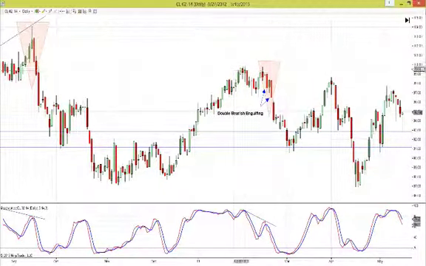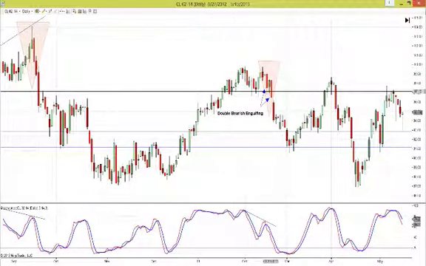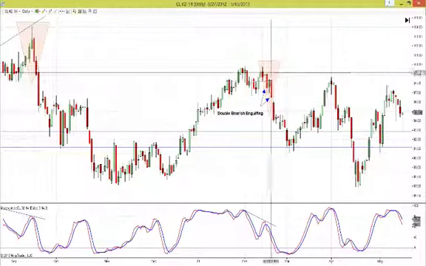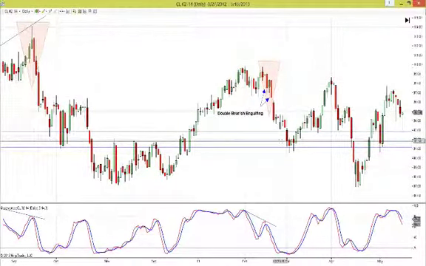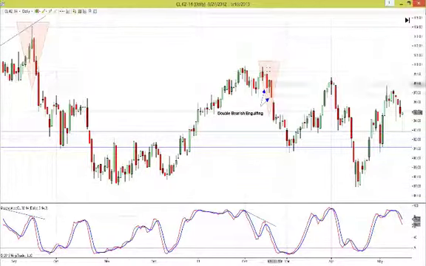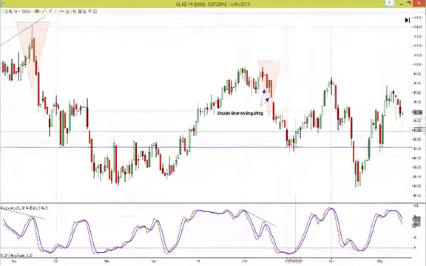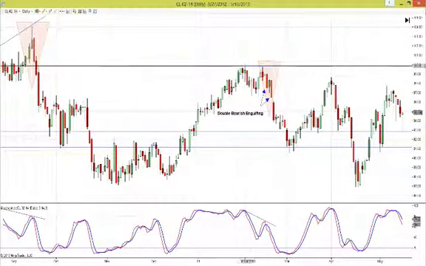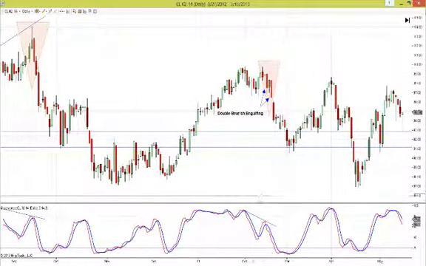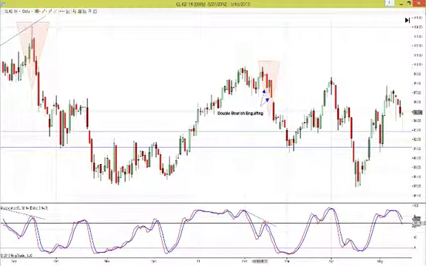Well, when you have a double top, it typically means that the trend is reversing, or you are going to have a deeper than normal retracement. In this case, we were reversing trend. So besides that, we have the double top here, accompanied by a negative divergence that you can see here.